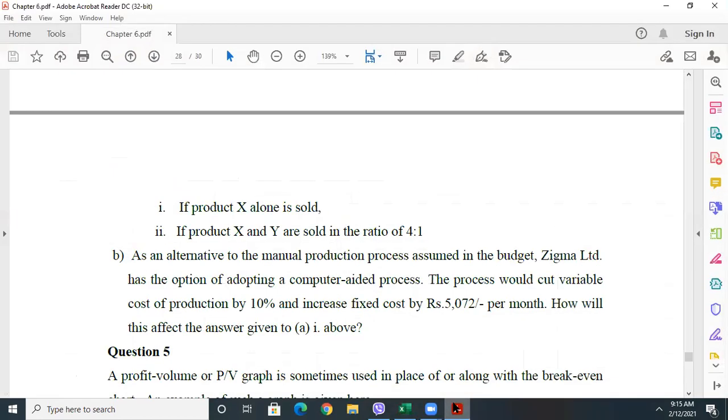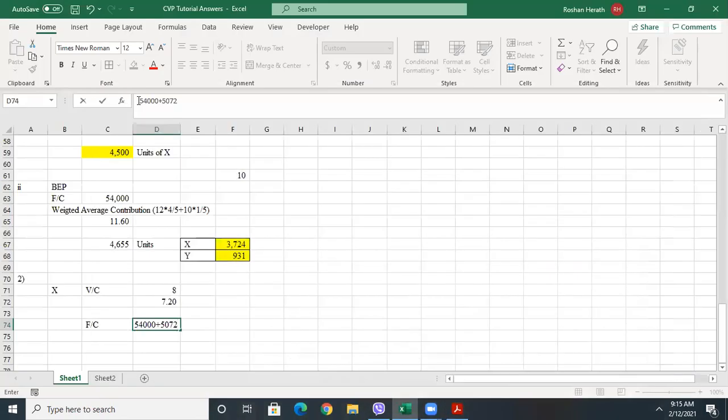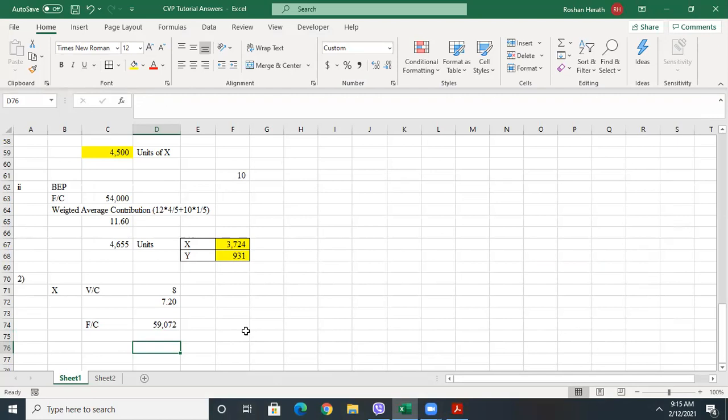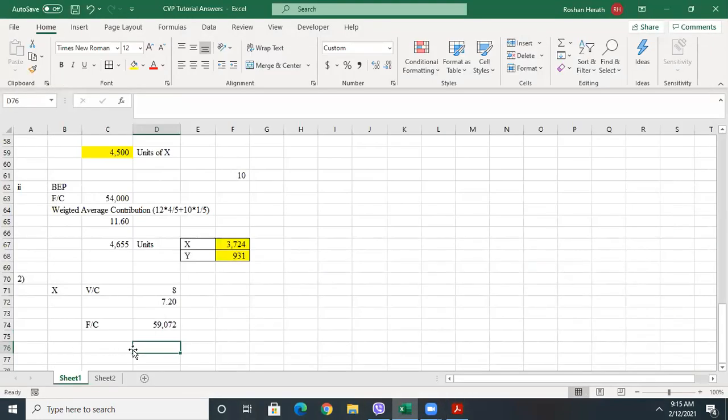Fixed cost will increase by 5,072. Earlier it was 54,000. Now we are going to add 5,072. So once you get that, it's 59,072. Now you have to work out how this will affect the answer, that is the new break-even. The new break-even is 59,072 divided by the sales price, which still remains the same.